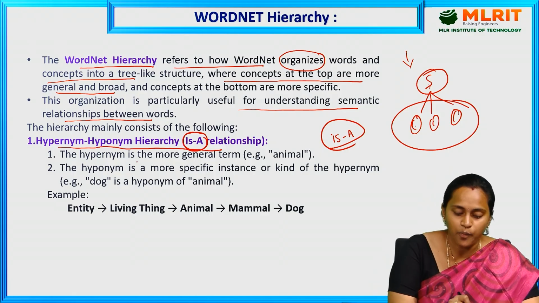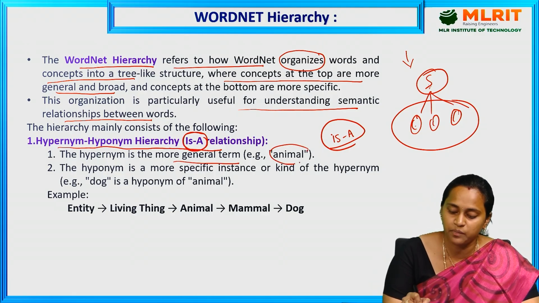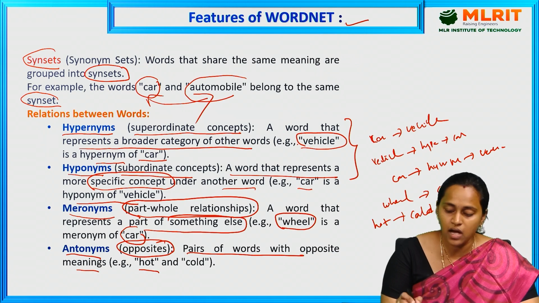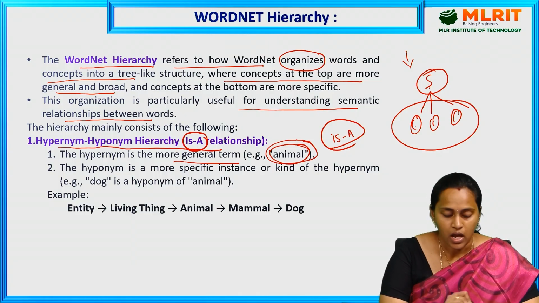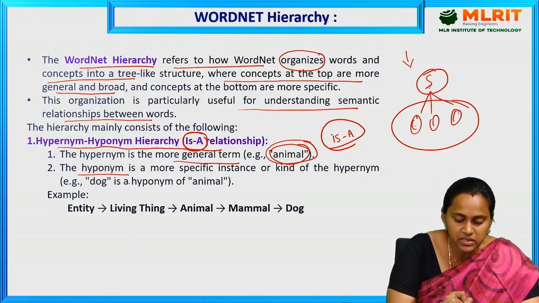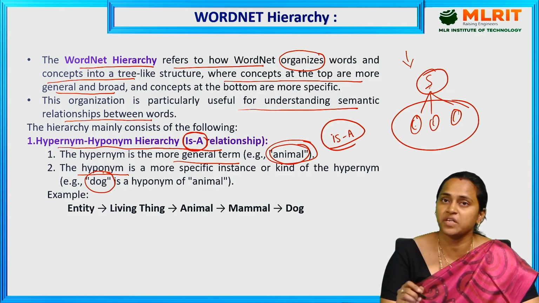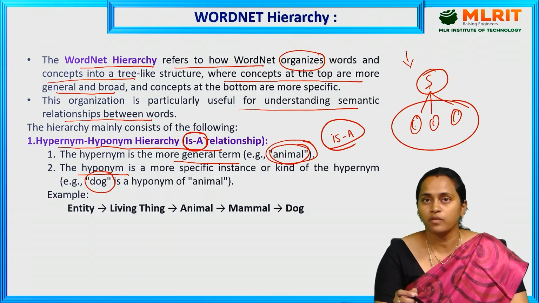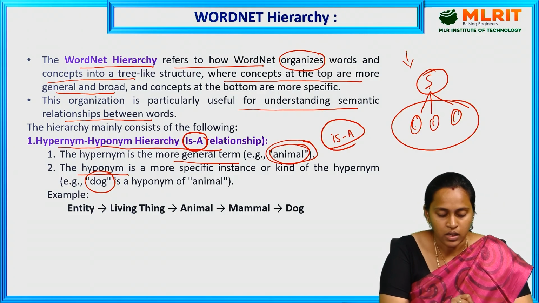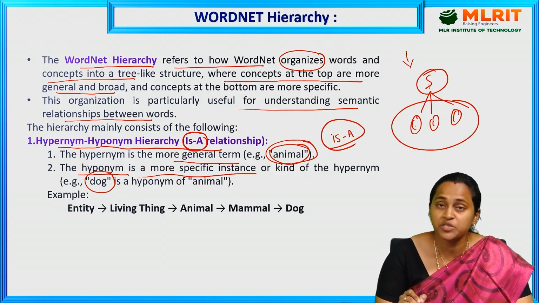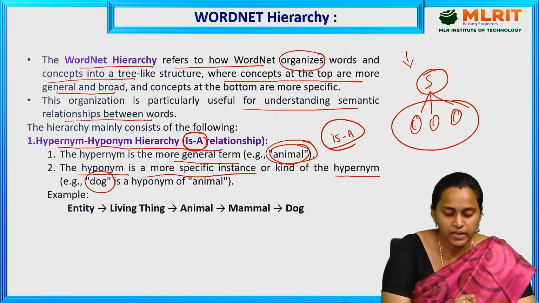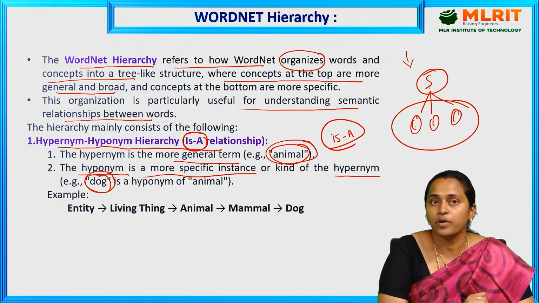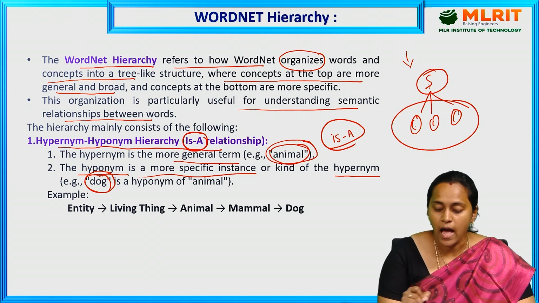The hypernym is a more general term. Suppose for example animal. In the previous example, vehicle is the hypernym. In this example animal is the hypernym. Dog is the hyponym, a specification of the animal. The hyponym is more specific. It means dog is the hyponym for the animal.